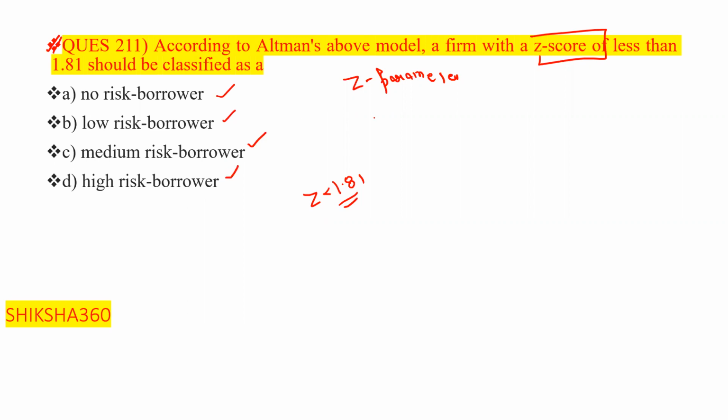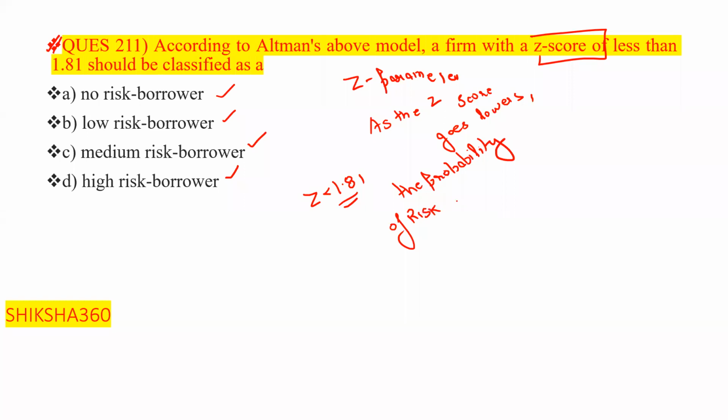As the Z score lowers, the probability of risk increases. So the correct answer is option D, that is high risk borrower. Clear? The correct answer is option D, high risk borrower.